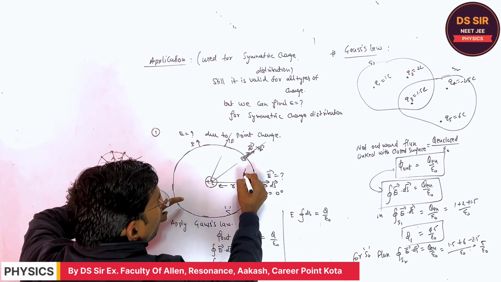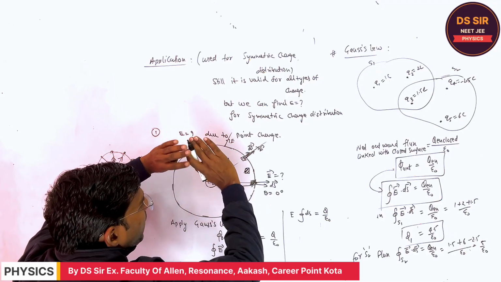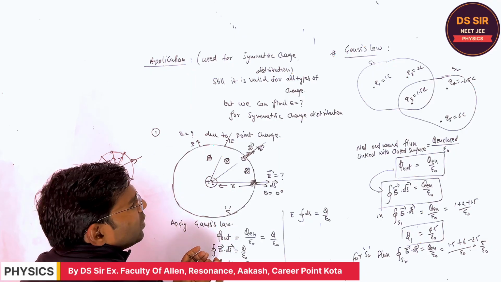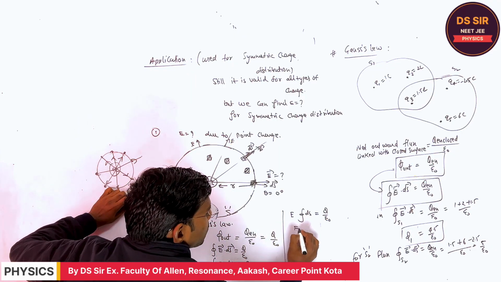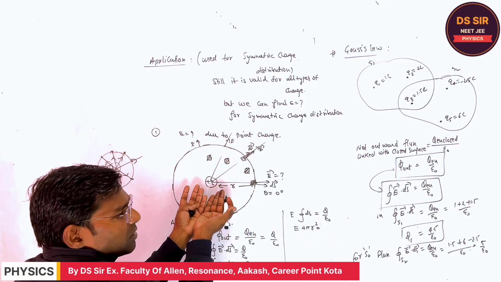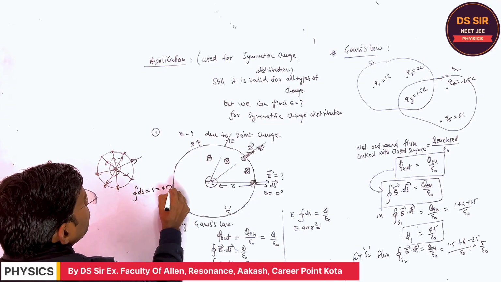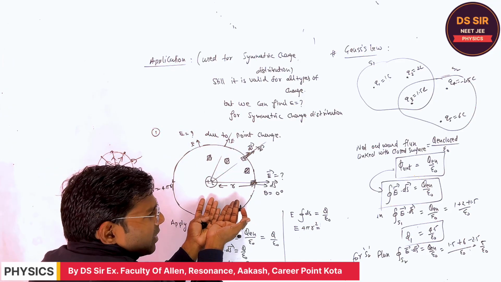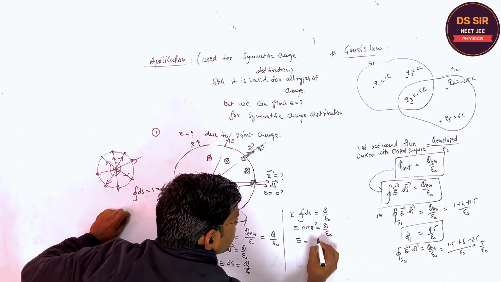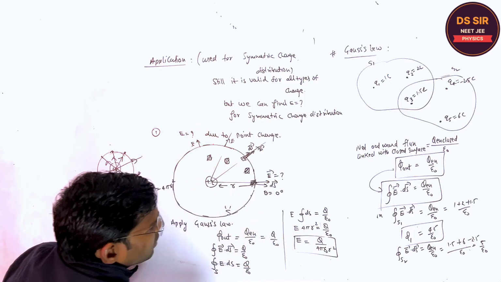The integration means you have to add all the ds, so it means the surface area of the spherical shell. So this integration is nothing but the total surface area, 4 pi r square. So E times 4 pi r square equals Q upon epsilon naught. Electric field is Q upon 4 pi epsilon naught r square. Is it clear or not, you tell?